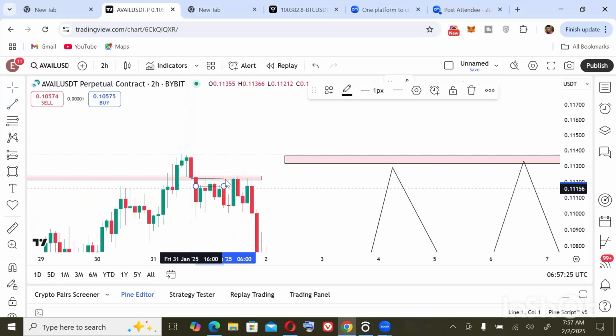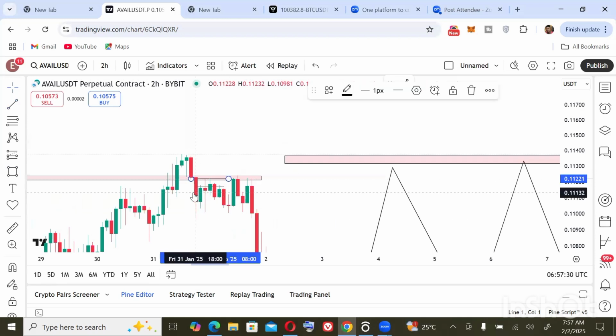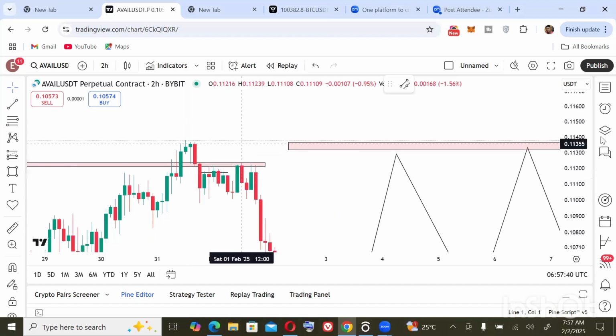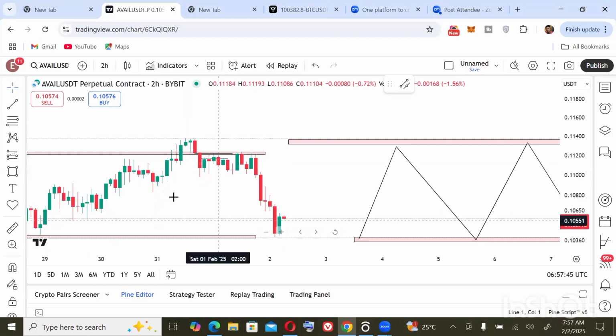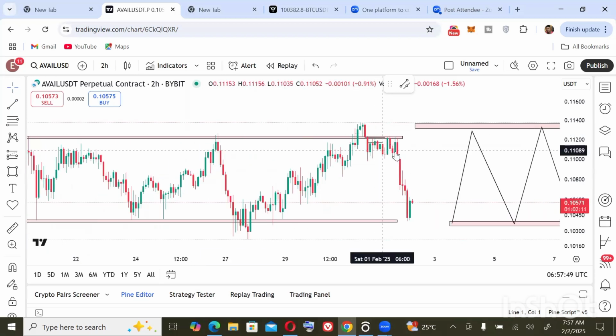Now, price went back. It filled up 100% of everything. Now, price is returning back again to the support of this range.